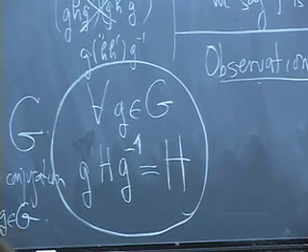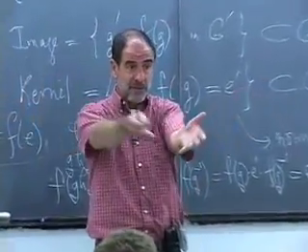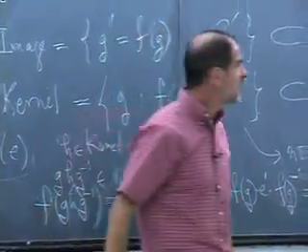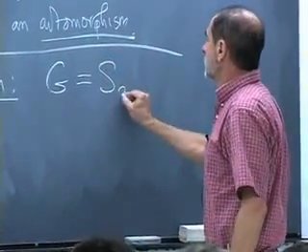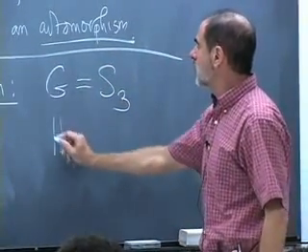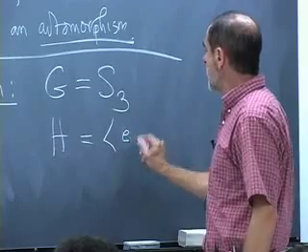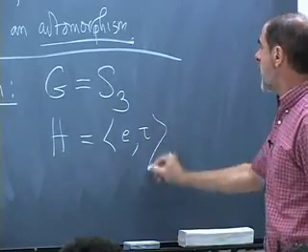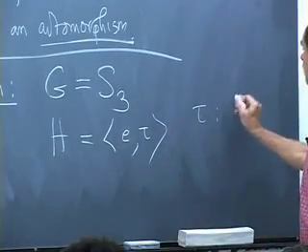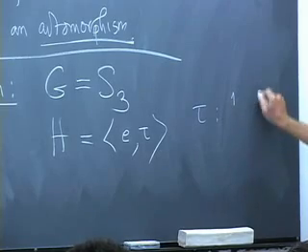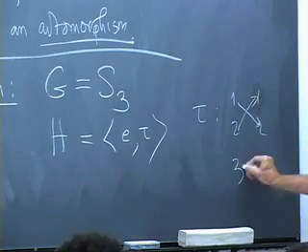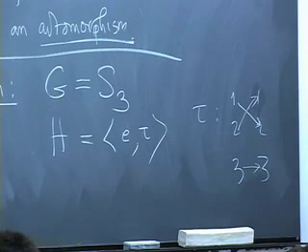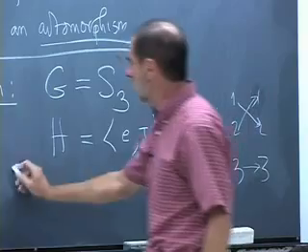Can someone suggest a simple non-abelian group to work with? S3. S3. So let's take a look at S3, and let's take a simple subgroup to work with. Let's take the identity element and our transposition tau, where tau sends 1 to 2, 2 to 1, and fixes 3. Now, I claim this is not normal.